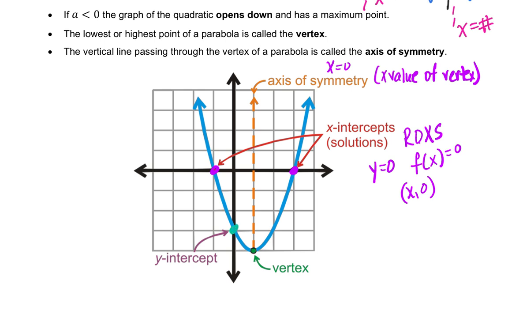You've got your y-intercept over here. So this is when x is 0. So it will be 0, some number y. And then your vertex, this is your maximum or your minimum, depending on if you're opening up or down. So all of those are the parts we're going to be looking at today.